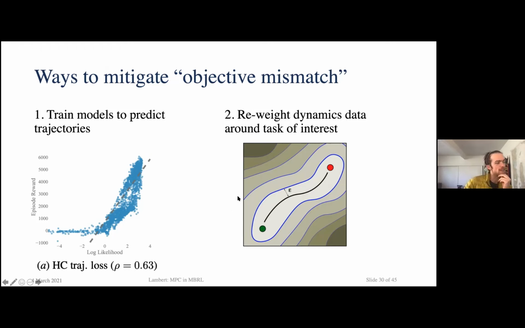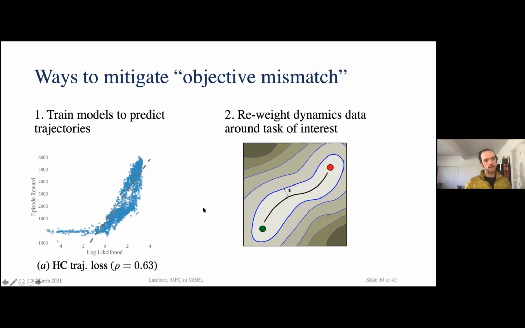and you need less data from your environment to actually solve a task when you're reweighting around a task of interest. So what objective mismatch is really saying is the metrics we're using to determine model accuracy are too loose to really guarantee any performance improvements, and we need to understand this mechanism a bit more and spend more time designing the one-step predictions in model-based RL.